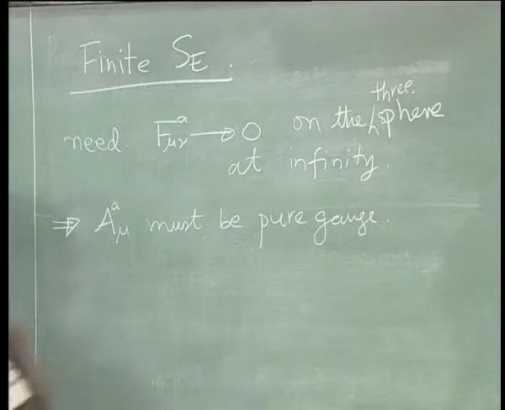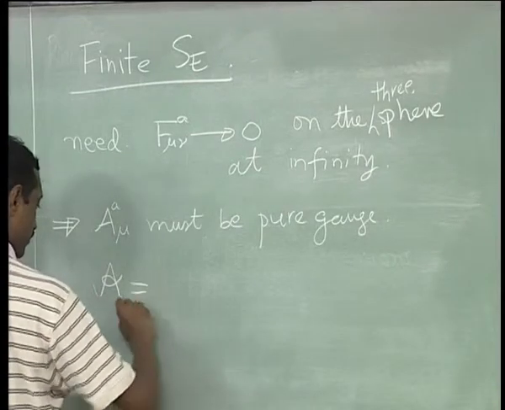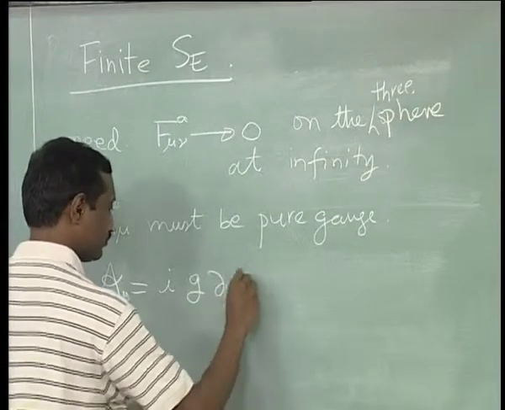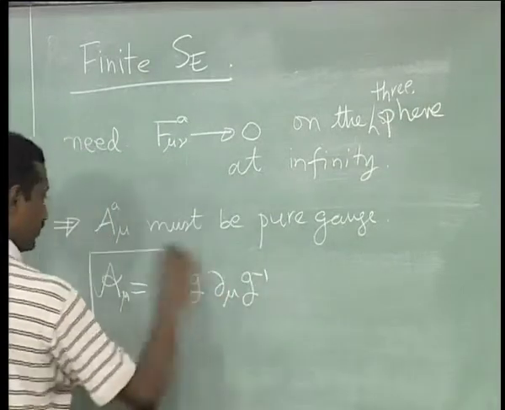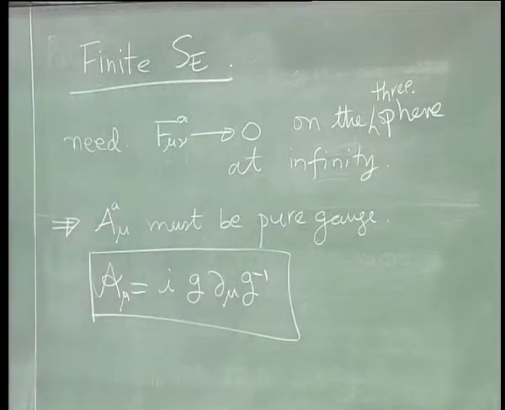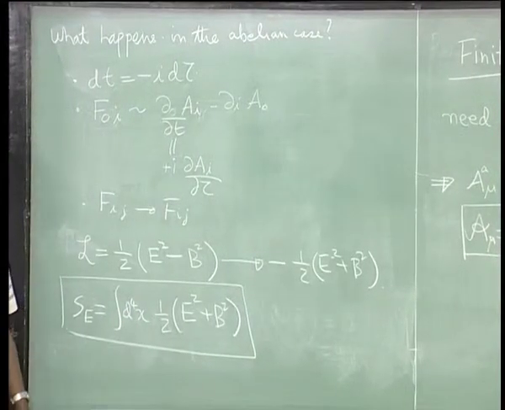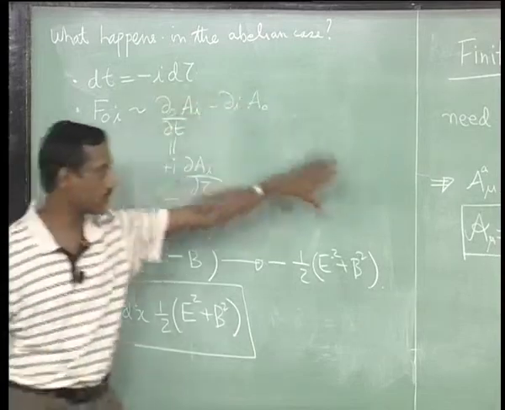So we write A mu in that form, at least this is what should happen for large r. And it is a 3-sphere because this is in 4 dimensions. There is nothing deep about the whole thing.